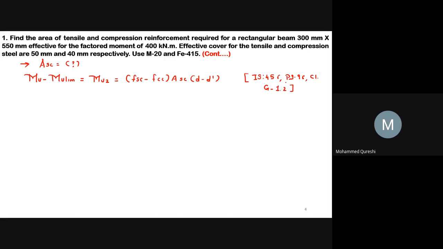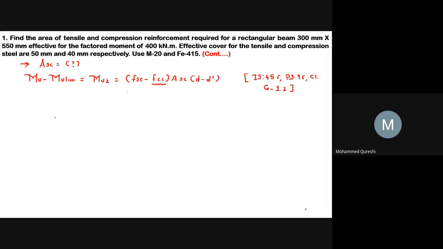But remember, on this page, the value of FCC is neglected in the IS code. But we have to consider the value of FCC as we had also calculated earlier.